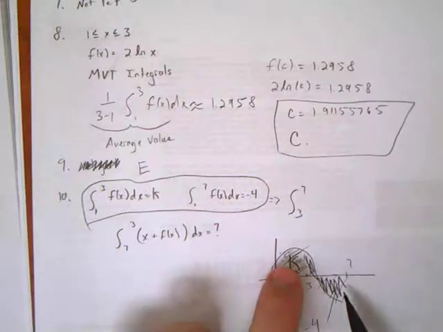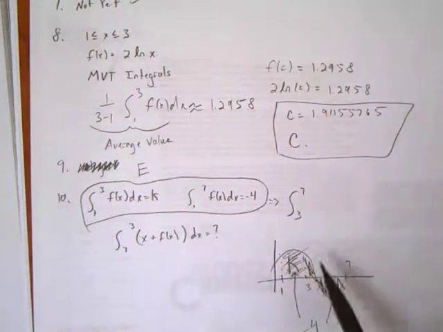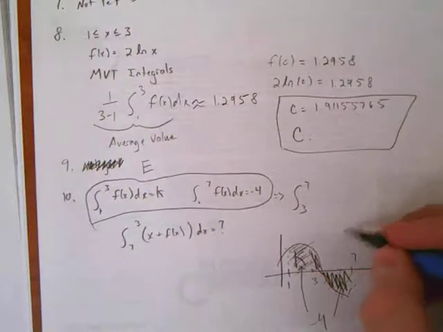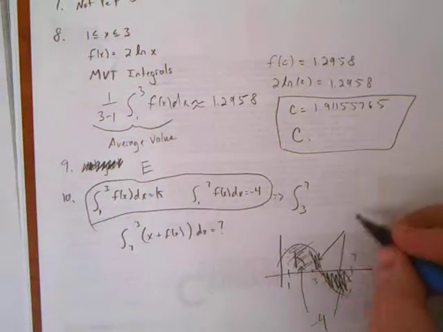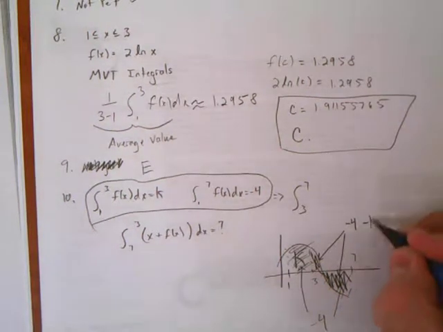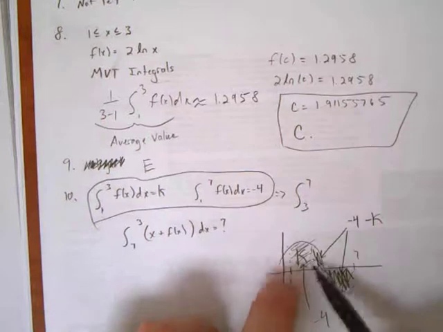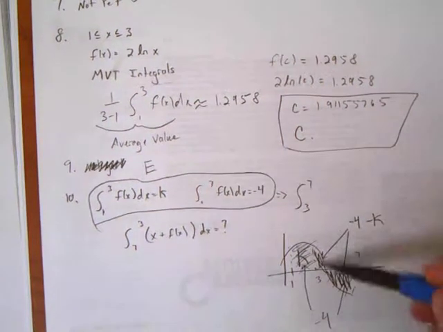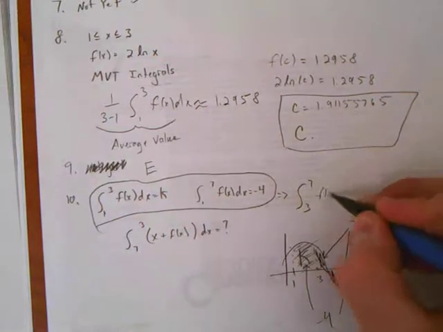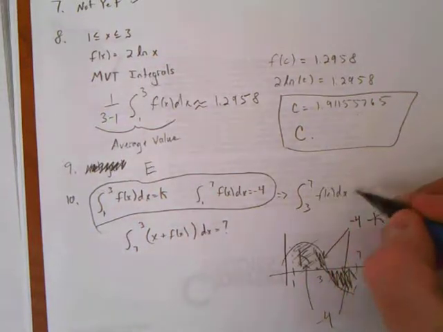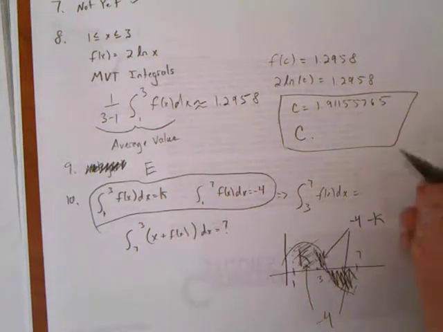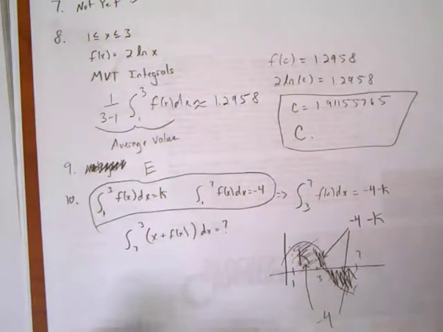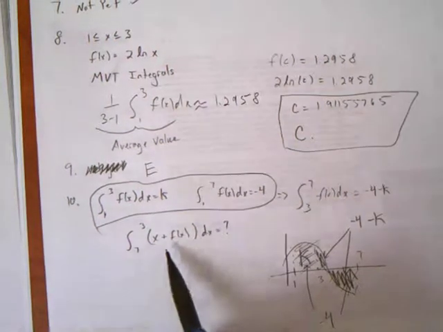Well, if the whole thing is -4, and this is K, then this area right here would just have to be -4 minus K. The whole thing's -4. If we get rid of K, it would just be this part. So the integral of f of x dx from 3 to 7 is -4 minus K. Now that's going to be important in figuring this out.